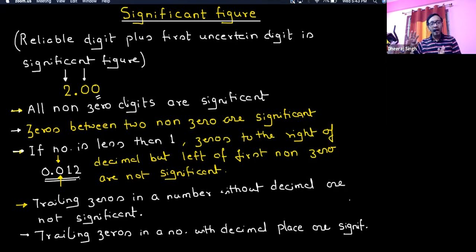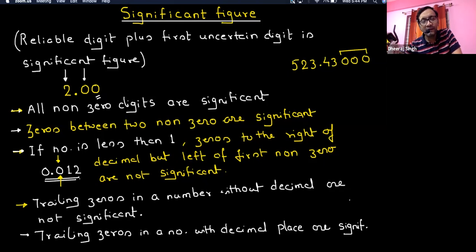Trailing zeros are the zeros at the end. Understood? For example, this one, 523.43000. These are the trailing zeros.